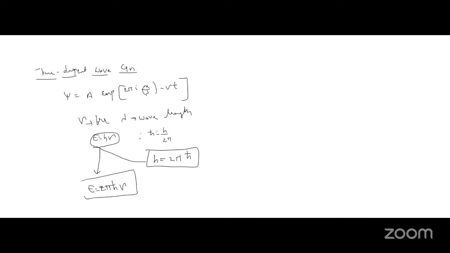Next, we have another formula: λ = h/p. In place of h, I am substituting 2πħ, so λ = 2πħ/p. From this, I take p/ħ, and p/ħ equals 2π/λ.